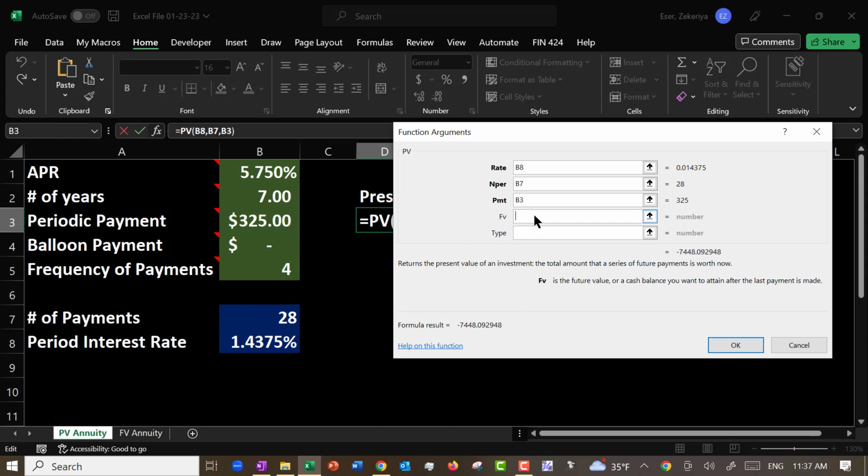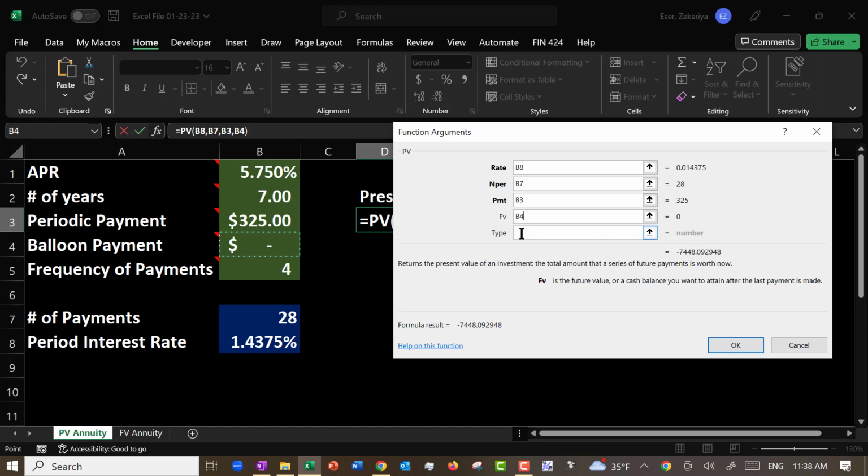The fourth argument is actually optional. If you omit it, it's 0. But since we want to allow non-zero balloon payments, we're going to explicitly refer to that one. The fifth argument is also optional, and I'm not going to worry about it too much.